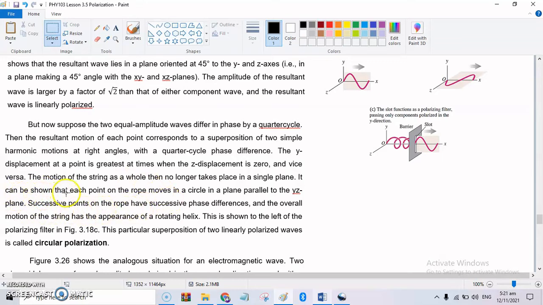It can be shown that each point on the rope moves in a circle in a plane parallel to the yz plane. Successive points on the rope have successive phase differences, and the overall motion of the string has the appearance of a rotating helix. This is shown to the left of the polarizing filter in 3.18c. This particular superposition of two linearly polarized waves is called circular polarization.